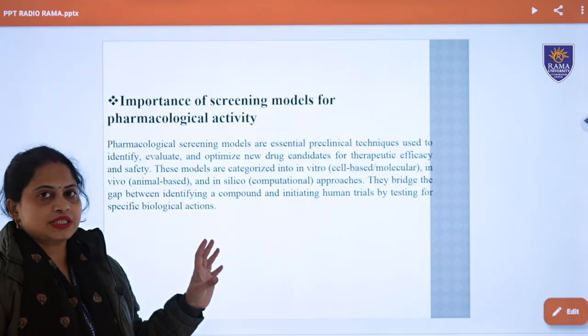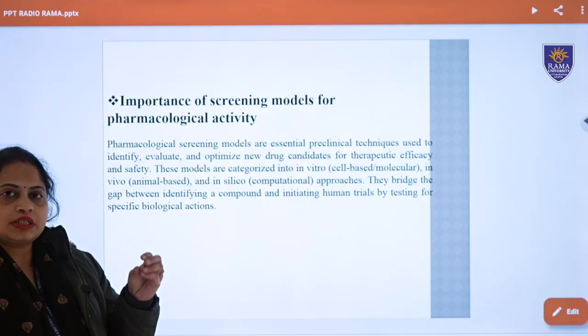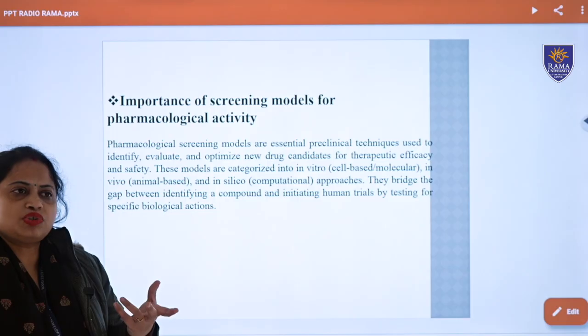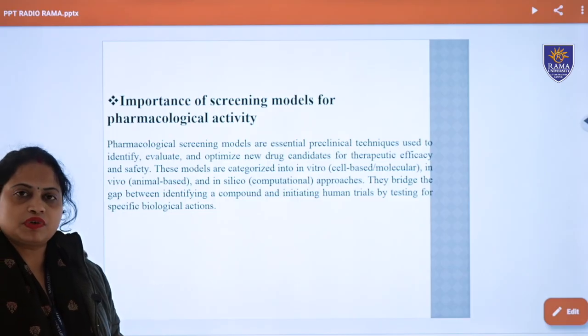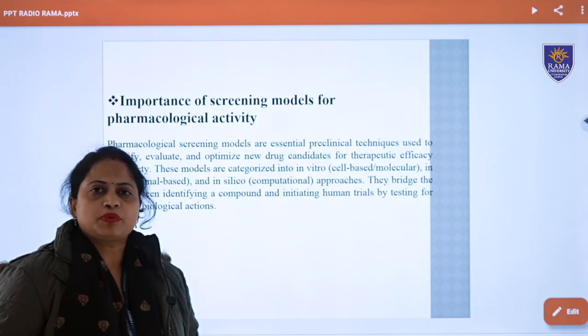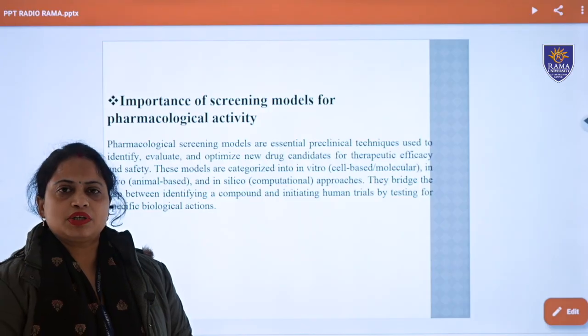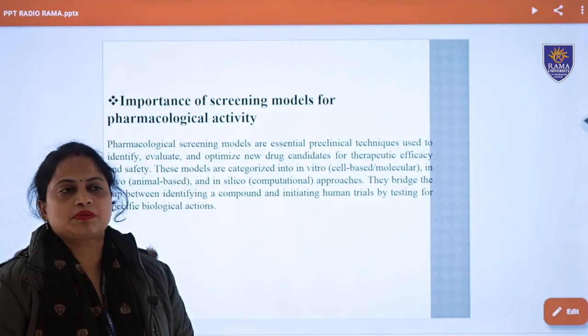Then, the importance of screening models for developing new compounds. As we know, drug discovery and development is a very long, time consuming process, and it requires a huge amount of money, so it is an expensive process.